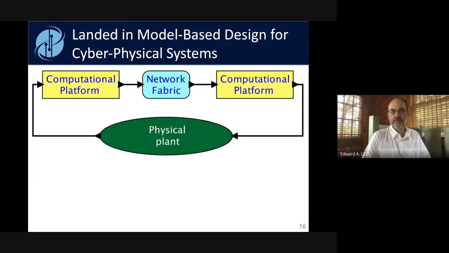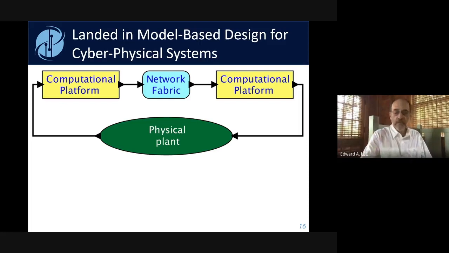We built a fairly elaborate infrastructure for modeling wireless networks so that we could build good simulations of wireless network fabrics. You saw just a minute ago a little snippet of something that was very much focused on how a piece of embedded software would interact with a physical plant and how the properties of the computational platform could affect that interaction.